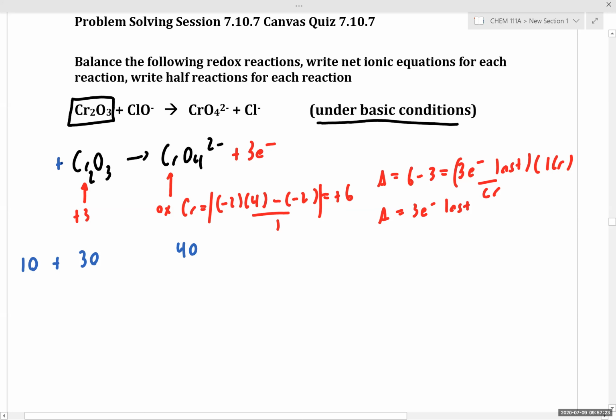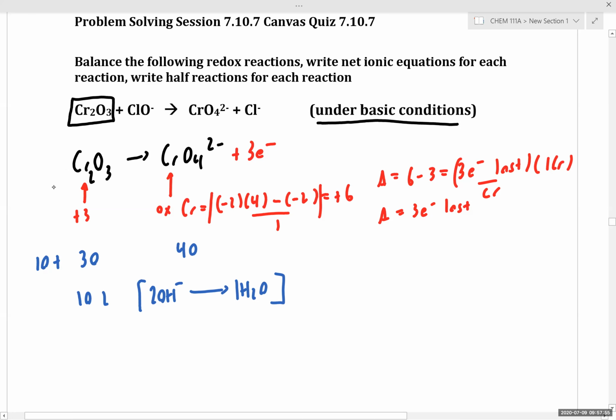Under basic conditions, how do we add 1 oxygen to the left-hand side? Yes, you will have to add hydroxide in some form, but remember how I provided you a cheat sheet? If you want to add 1 oxygen to the left, you add 2 hydroxide to the left and 1 water to the right.